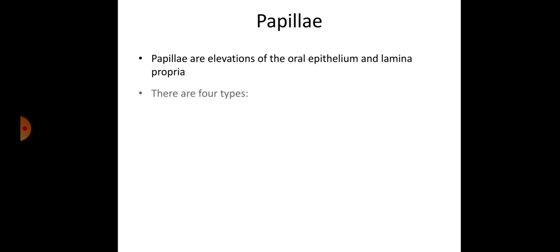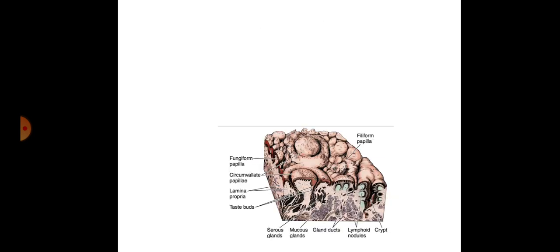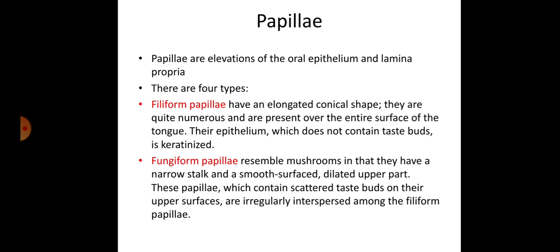The papillae are of four types. The first one is known as filiform papillae. These filiform papillae are numerous and present over the entire surface of the dorsal aspect of the tongue.